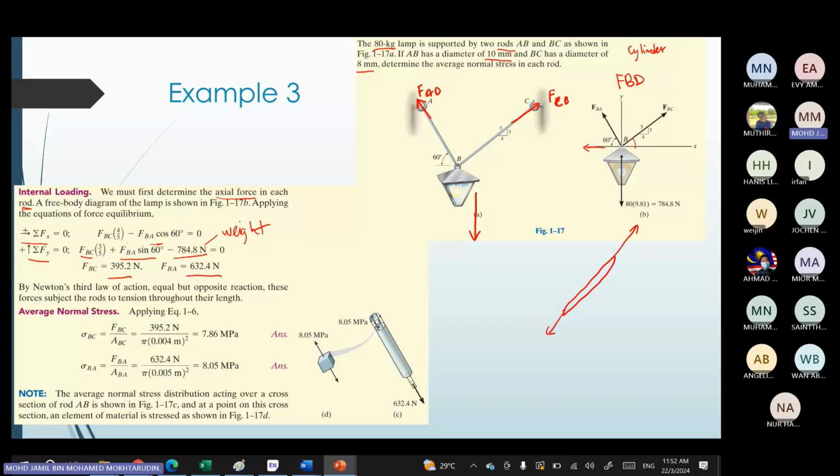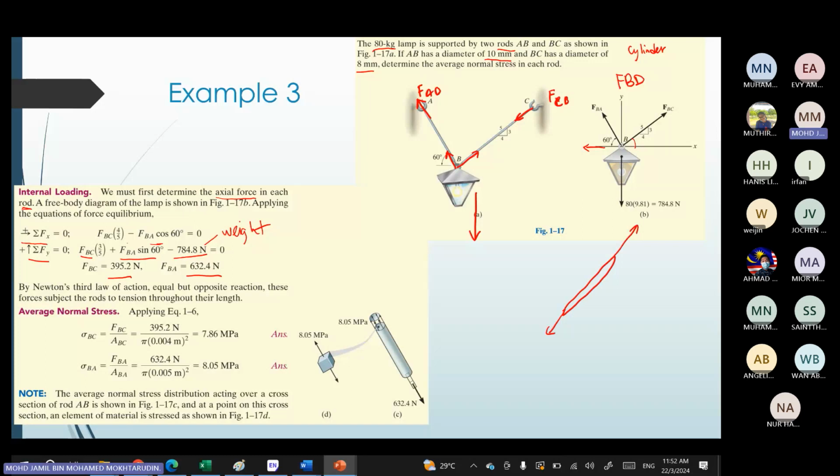Okay, there is tension on the rod. Later on you might get confused. We know the force is here, so you might think that if the force here acts upward, then the force on CB will be in this direction, so it looks like a compressive force, but they are not compressed.